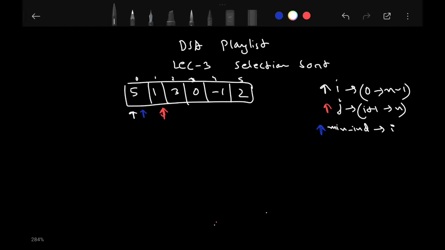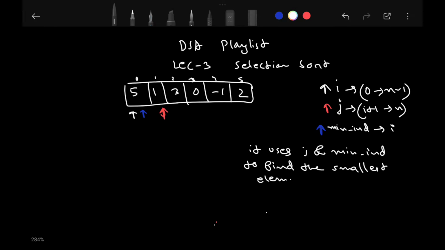So what the logic says is basically that it uses j and min index to find the smallest element on the right side of i.